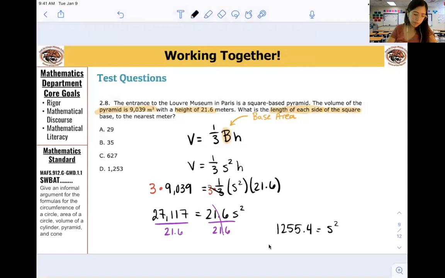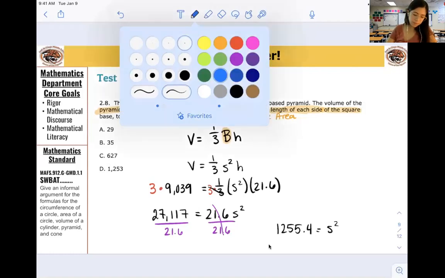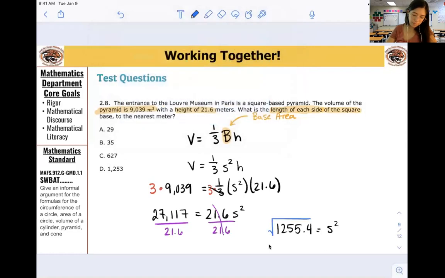Now we can take the square root. And what do we get? Square root of 1,255.4.